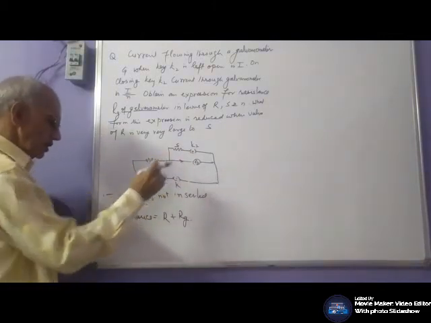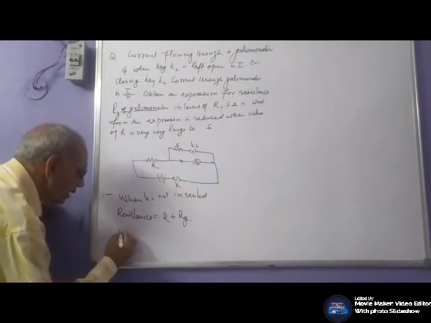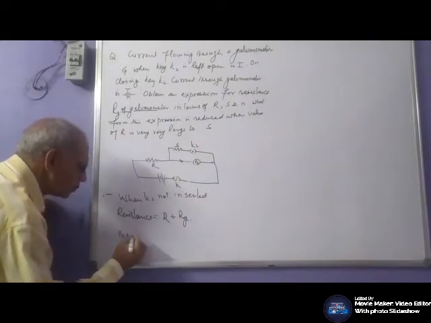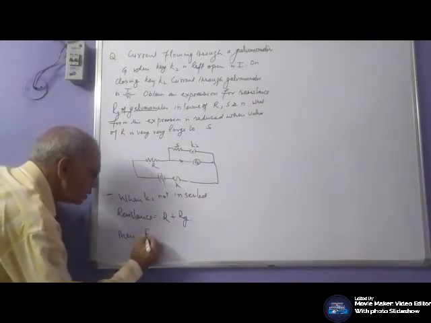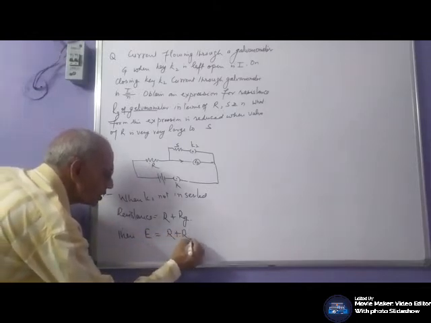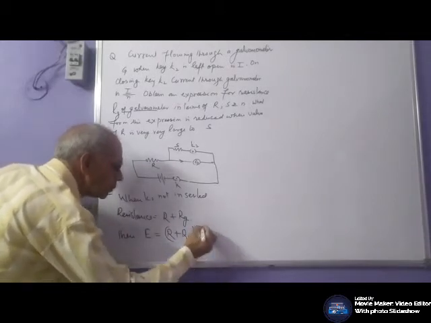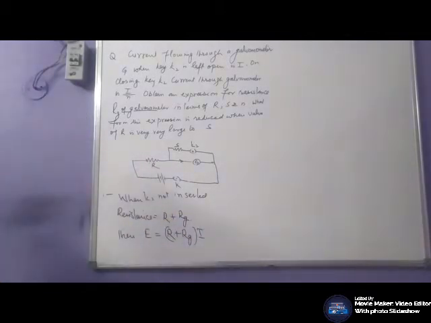R plus Rg are in series. Then E is Ri, where the resistance is R plus Rg and the current is I.